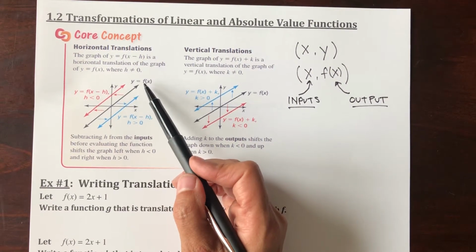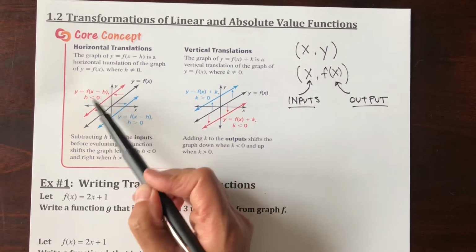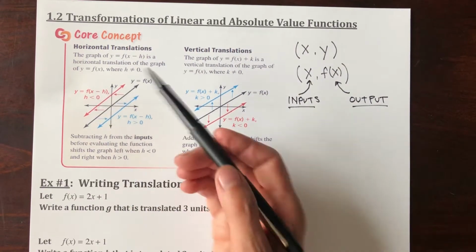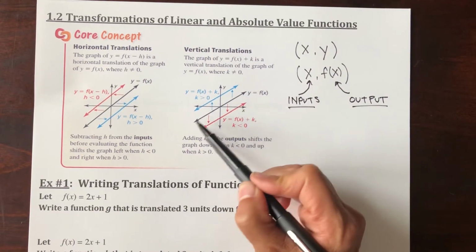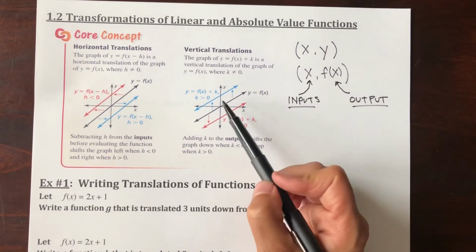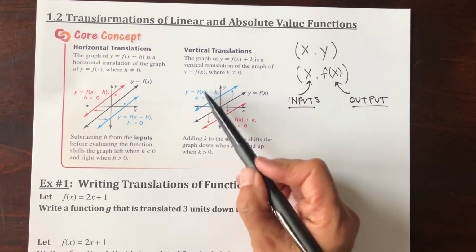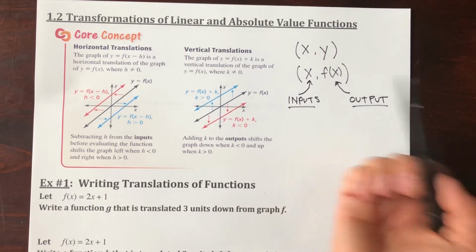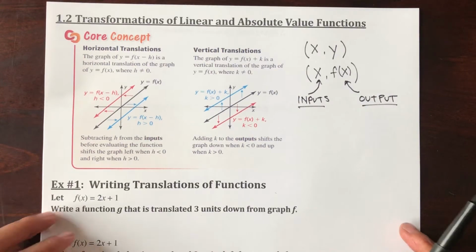If we move it left, we're changing the input. See how you're subtracting h from the input x? And over here, here's our same parent function, and if we move it up or down, we're now changing the output, which is the f of x. So we're adding the k to the output f of x. It's a little confusing at first, but we'll do a couple examples.